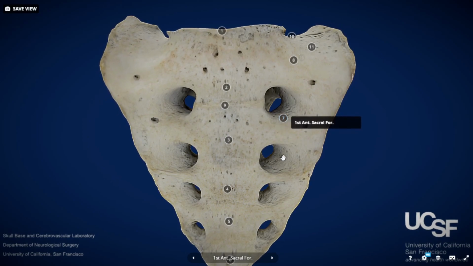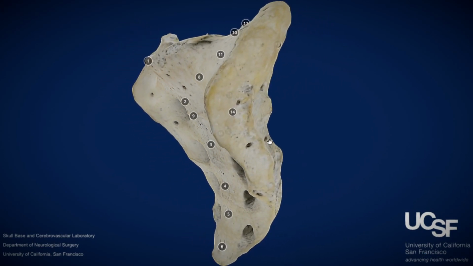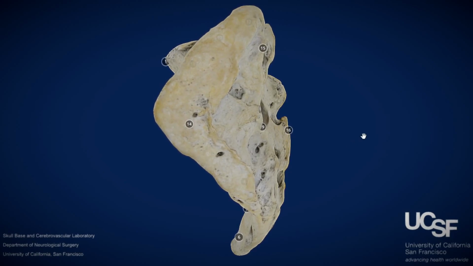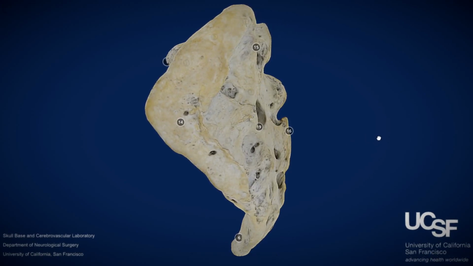Laterally, there are anterior sacral foramina, a total of 4 foramina that decrease in diameter as we move towards the lower levels. Again, laterally, we have the auricular surface, which on each side is the place for the articulation with the ilium part of the hip bone.